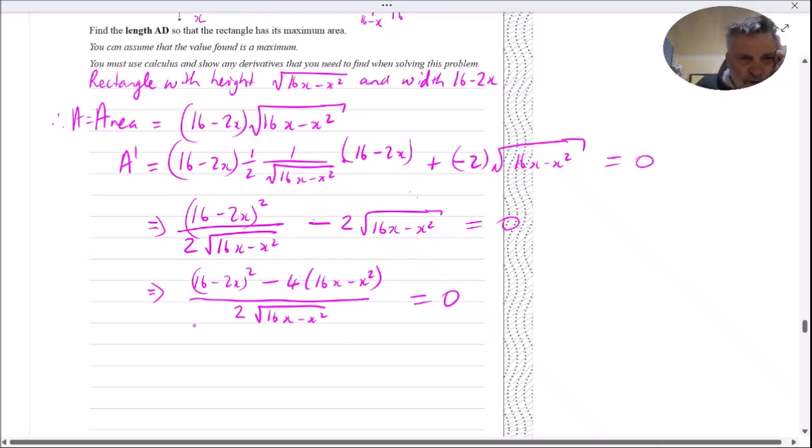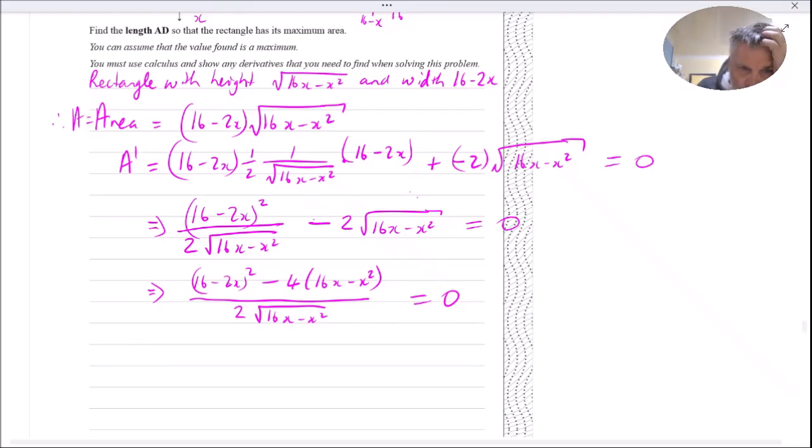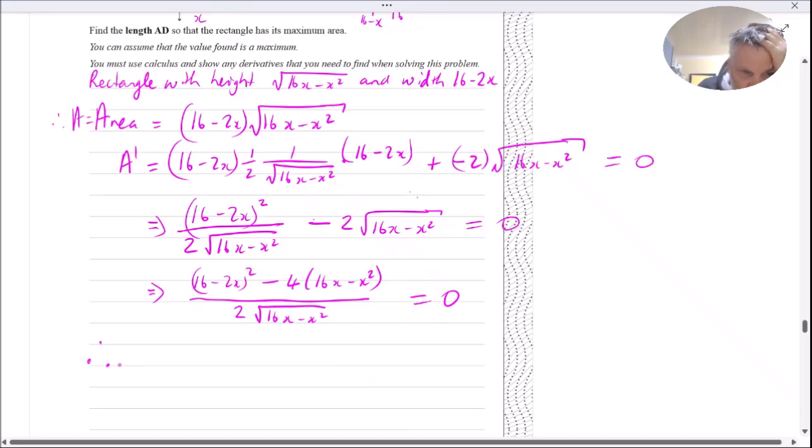We're going to need the numerator to be 0, so I think we can multiply this out. 16 squared is 256, minus 64x plus 4x squared, plus another 4x squared and minus 64x equal to 0.